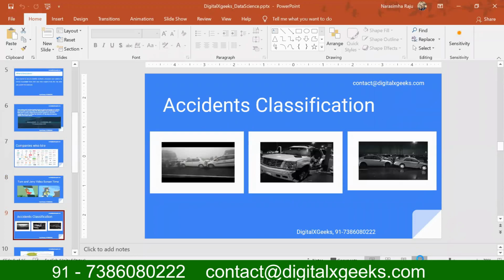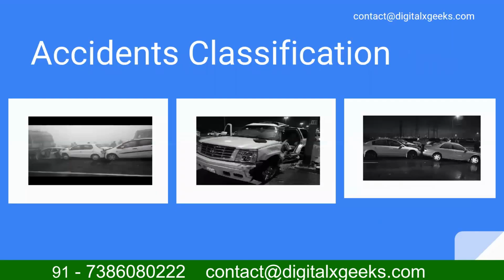So now, coming back to another use case which we will be seeing, I have a set of accident images which have been taken from the US as well as from India. The accidents can happen during nights, during snow, or during rain. So I have taken three different classes where I took photos of the accidents that happened during rain, during snow, and during nights.